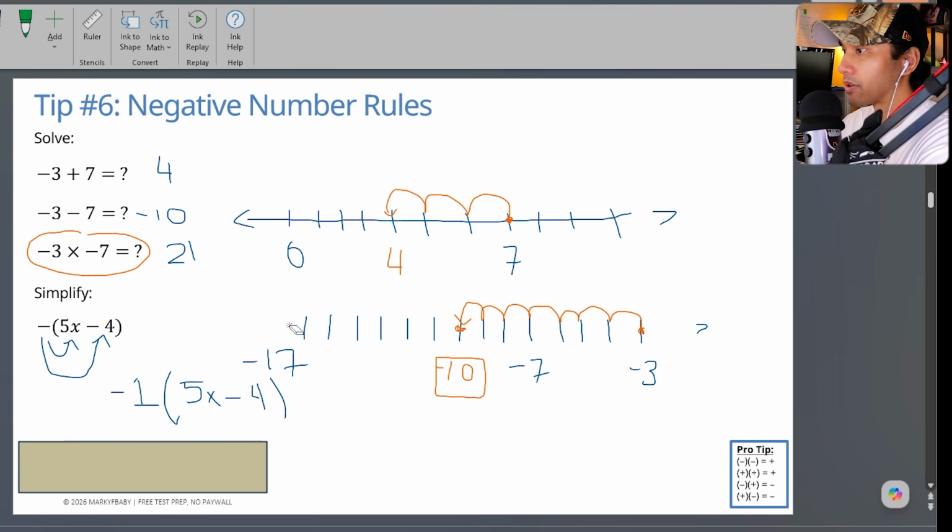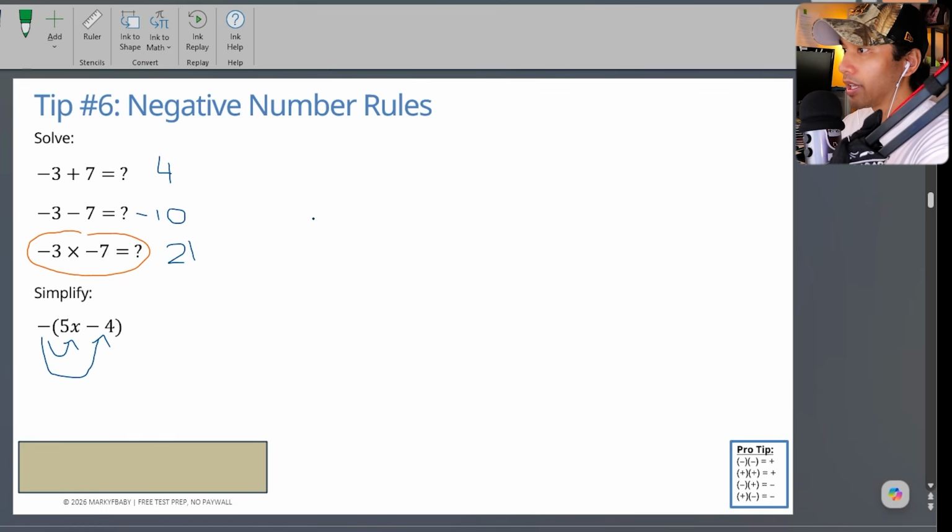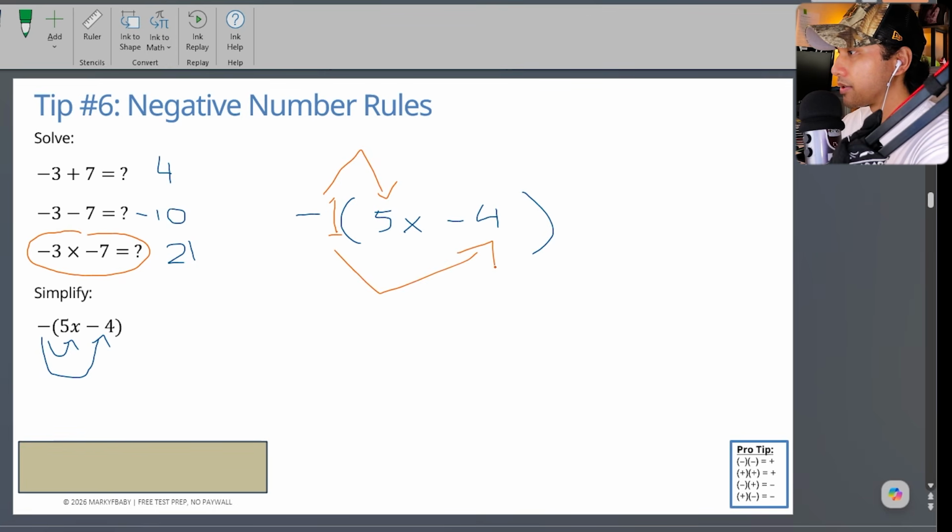Let me just erase this right here. And then we have -5x minus 4, right? I said I like to put a -1 right here, or just a 1 because we already have the negative. So all I'm going to do is take this -1 and distribute it to the 5x, and distribute this -1 to the -4. And what do we get here?